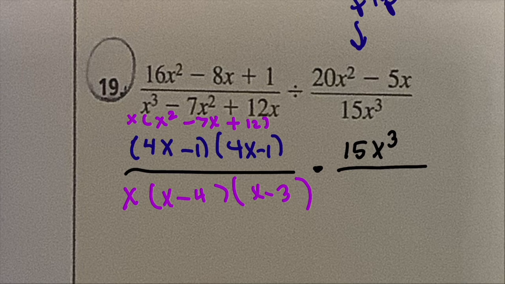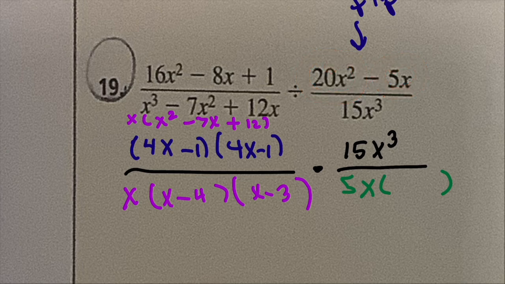But let's talk about this piece. If I check, both pieces are divisible by 5, both pieces contain an x. So for that piece there, you want to take out a 5 and you want to take out an x. Now think about when you do that, you have to do the division twice.